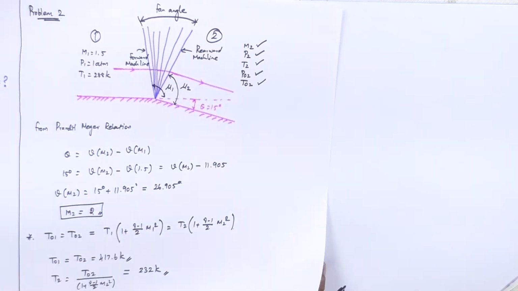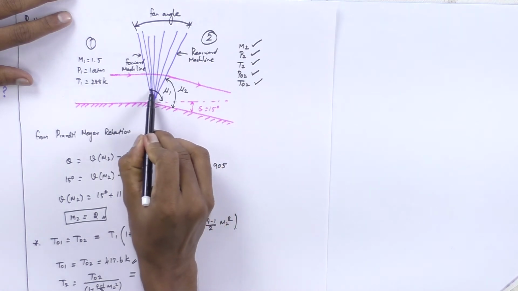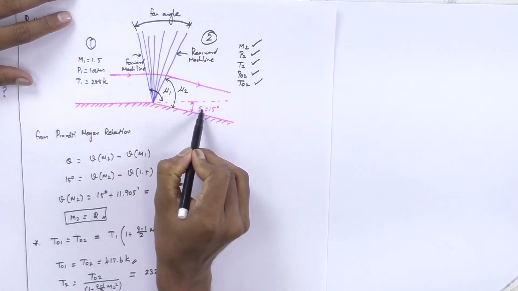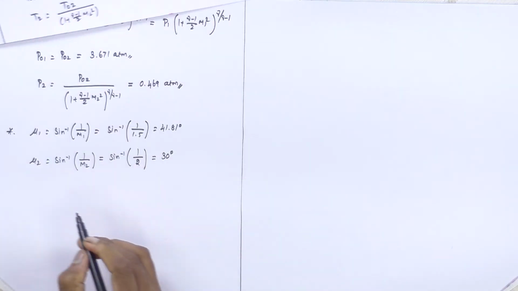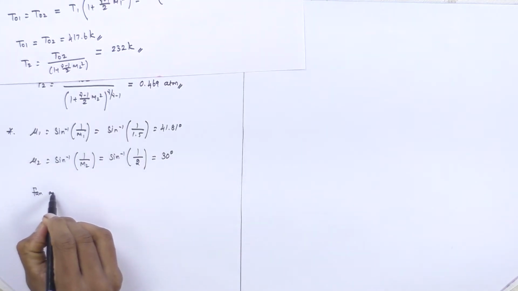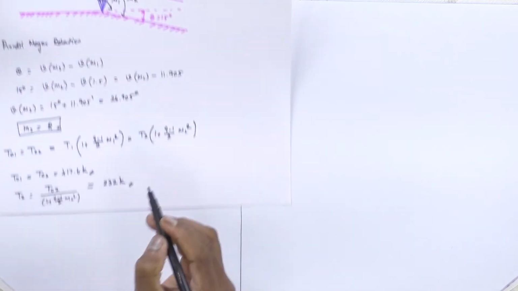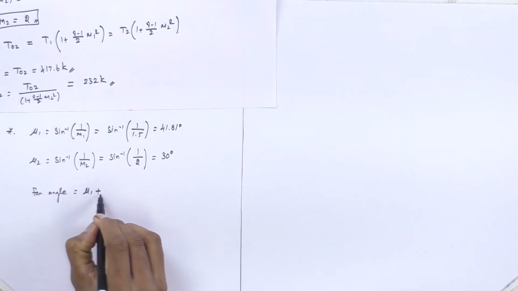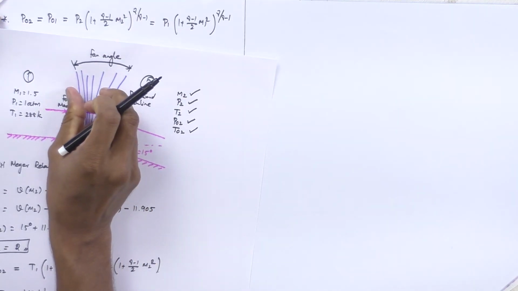Now we can easily calculate this fan angle. The fan angle will be the summation of mu1 plus theta, minus mu2. The summation of these two angles, mu1 and theta, minus this angle will give us the angle between the forward Mach line and the rearward Mach line.